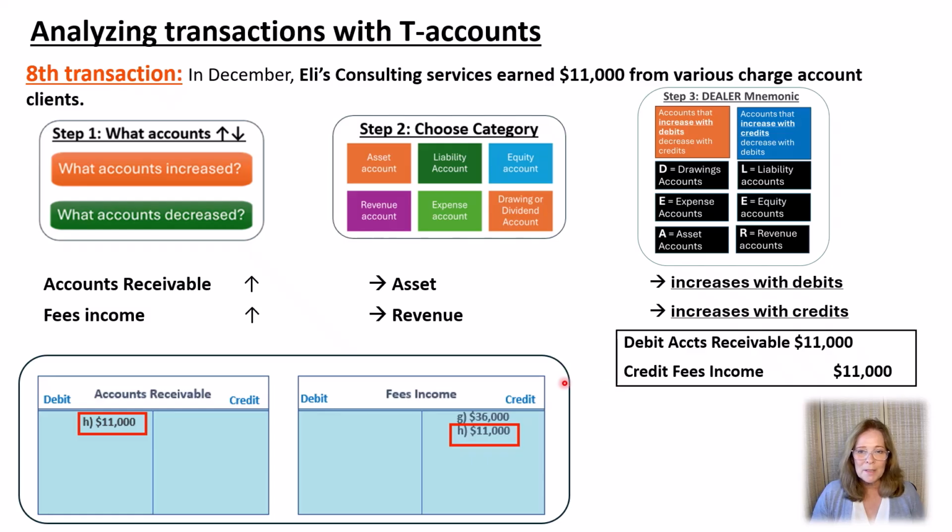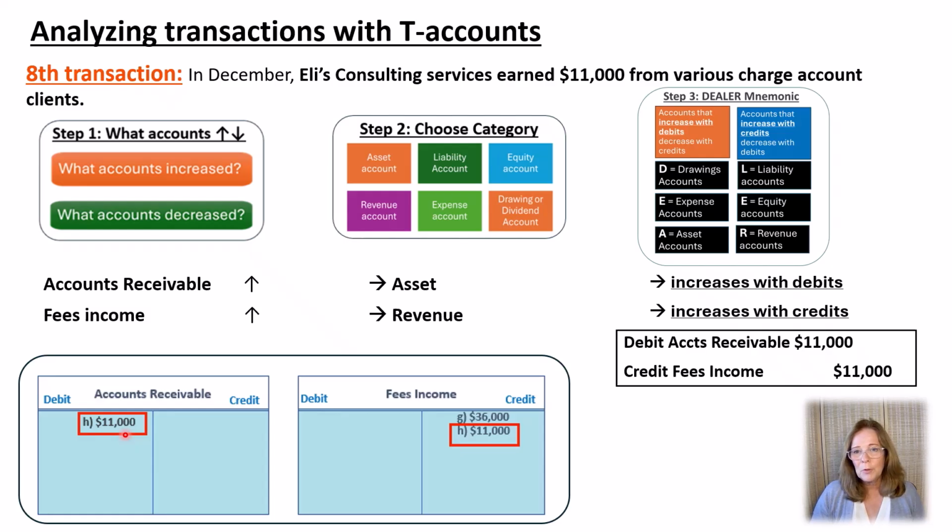Next, we enter the transactions into the T accounts. We create a new T account for accounts receivable with debits on the left and credits on the right, and write transaction ID of H and $11,000 into the debit column of the accounts receivable account because we determined in step 3 that we would debit accounts receivable.